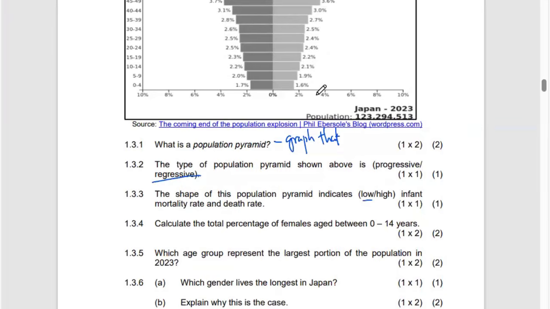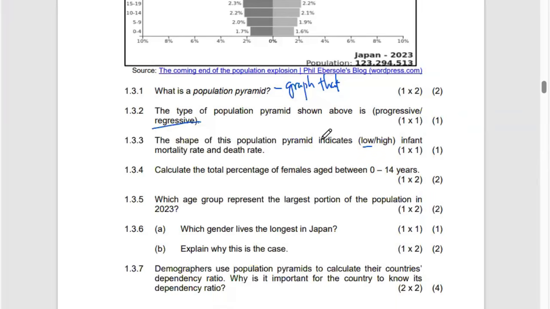The one with a wider base and it regresses as we go up shows that there is a higher infant mortality, because if we have bigger numbers in the lower ages of 0 to 4, and then the numbers decline as we go upwards to 10 to 14, 15 to 19, it shows that there is high infant mortality in that particular country.